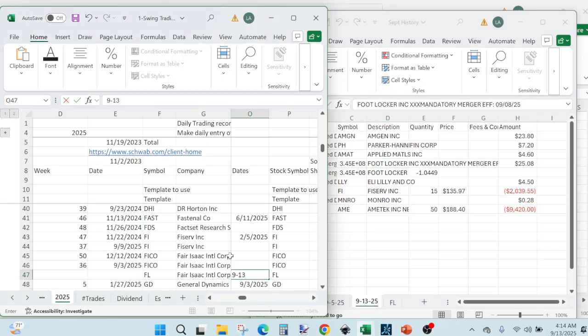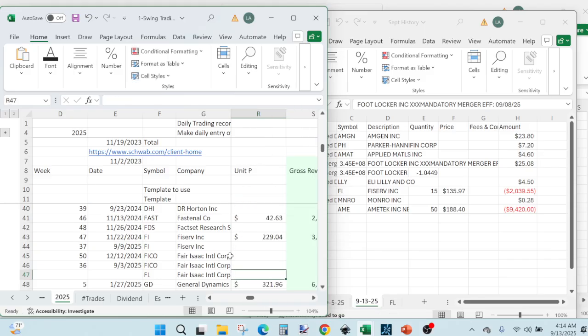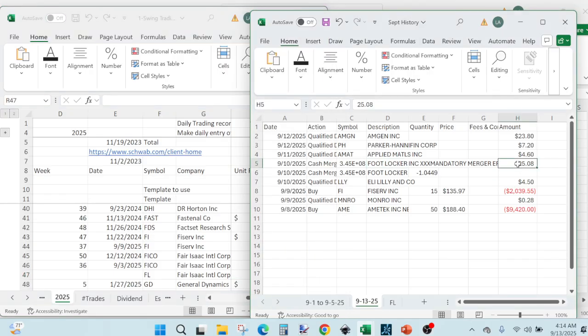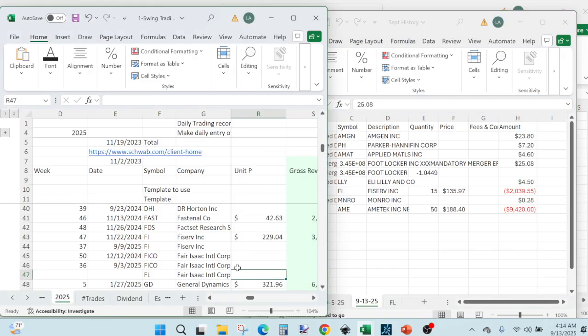So 913.25. And the 2308 that they gave us, I'm going to use that for the stocks.